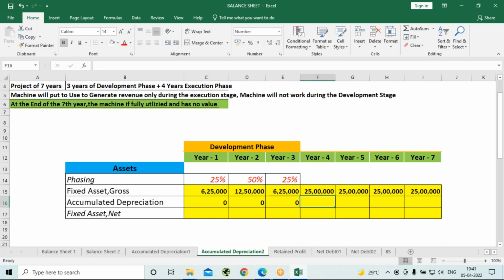And from year 4 onwards, it is going to be used, and this will be the value of the asset divided by 4 years. So the depreciation value divided by 4 plus the previous year.